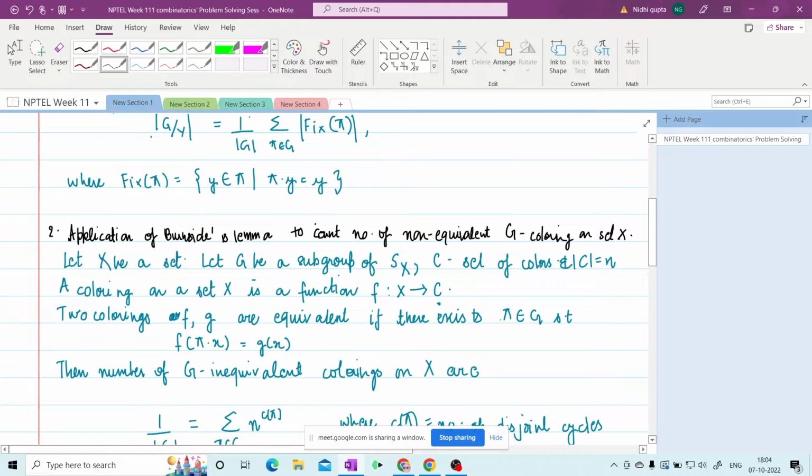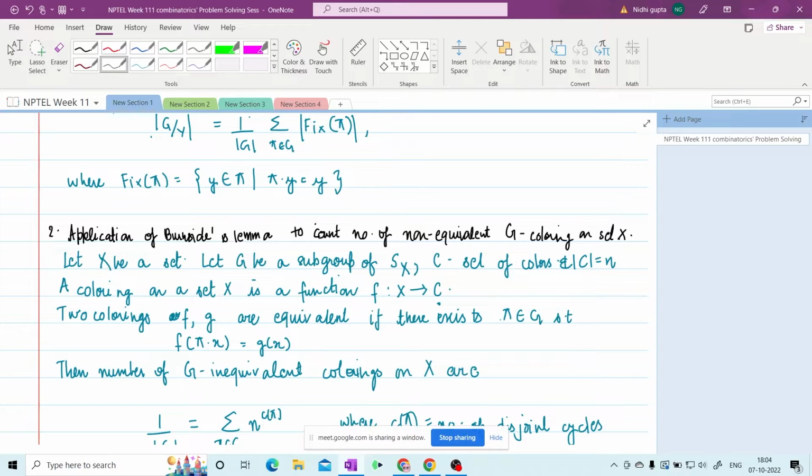We have a set X, and a G, which is a subgroup of symmetries of X. But now we also have additional information: a set of colors C, and the order of C is equal to N. Now a coloring on a set X is a function from X to C. A coloring on a set X means that we are assigning a color to each element of X.